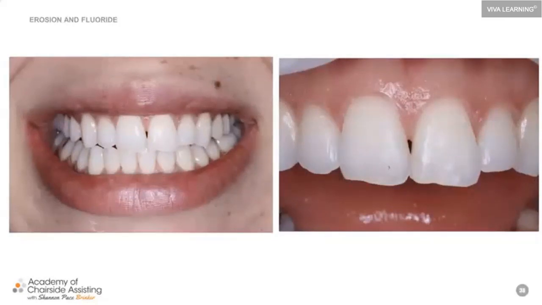If that tooth was forming, maybe they had an accident like Erica did. She actually fell and bumped that front tooth, and as it was forming and coming in, she had two internal white lesions here, and she actually has one on the lower anterior as well. It was really something to think about.